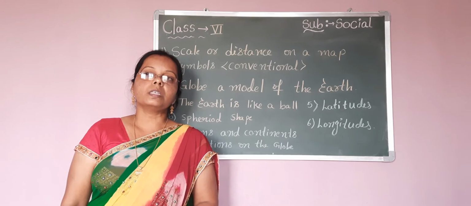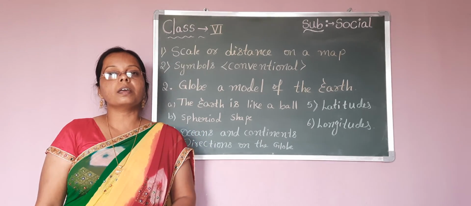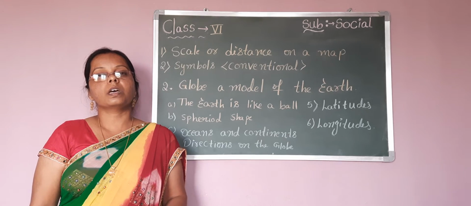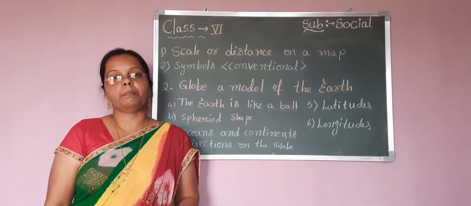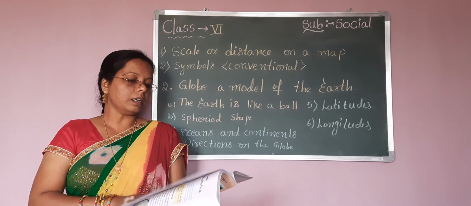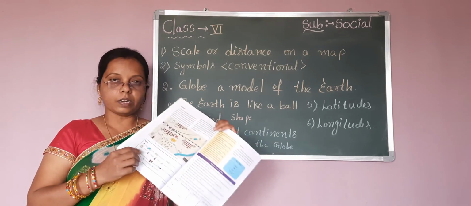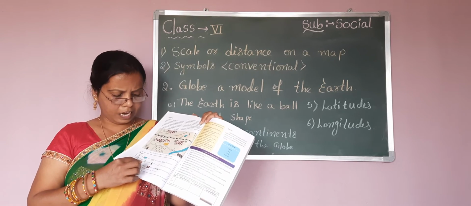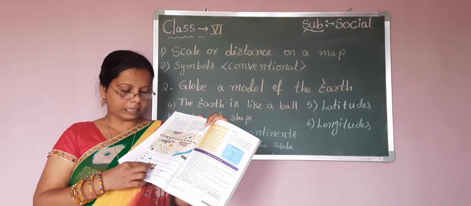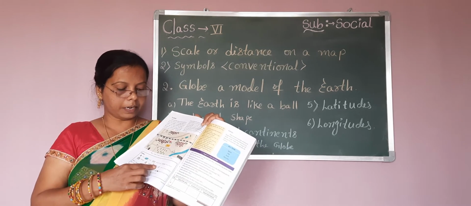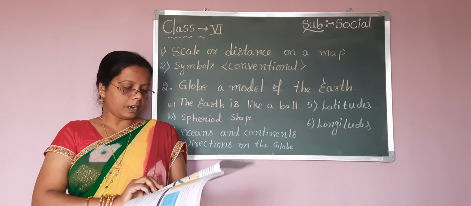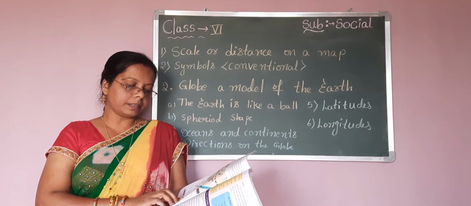Cartographers utilize some important conventional symbols. Those are known as conventional symbols. Open the textbook and see a number of conventional symbols given, like tank, mosque, temple, church, broad gauge, meter gauge, pakka road, kacha road, and settlement.